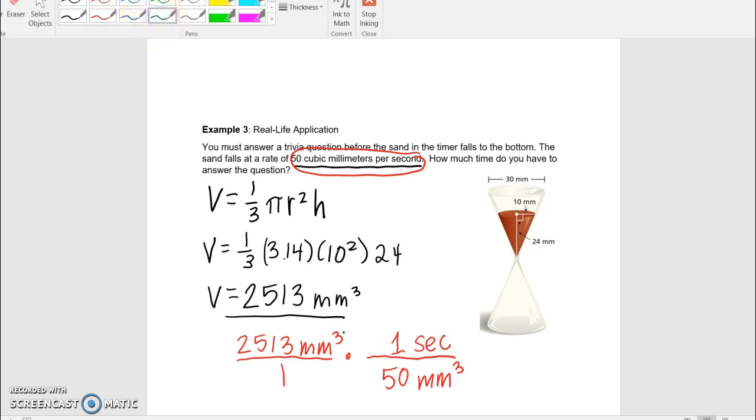So when you multiply through, your units will cancel, and you're left with 2513 divided by 50. It asks us how much time do you have to answer the question. And we end up with 50.26, which we'll say is about 50 seconds to answer.